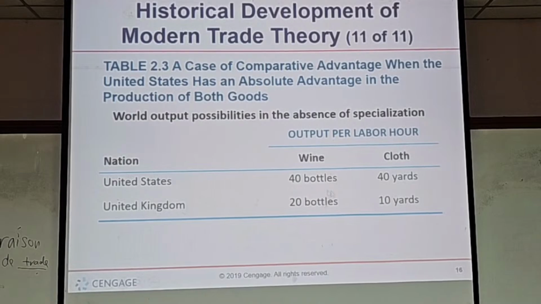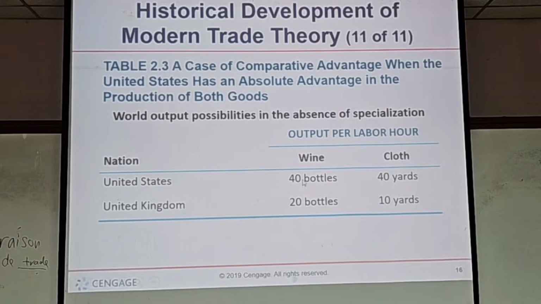Given one labor, 1 hour, 40 to 10. One country will produce even though the United States has absolute advantage.